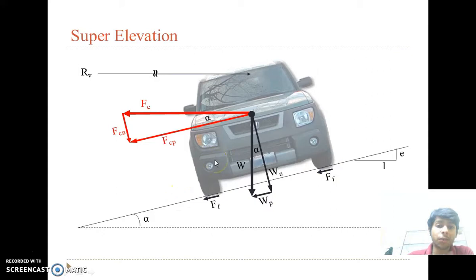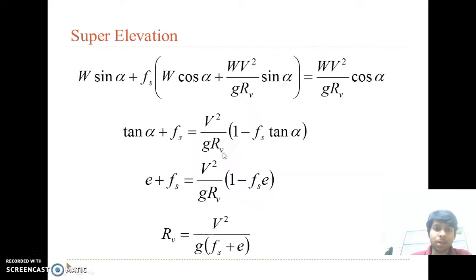Because of the centrifugal force, the vehicle tries to go in the outward direction, and because of that, the friction force is in the inward direction, and the friction force is simply the coefficient of friction times the normal weight of the vehicle. So this is our weight in the downward direction, this is the normal weight component, and there is centrifugal force acting in the inward direction. By equating and balancing the terms, you will get this equation.